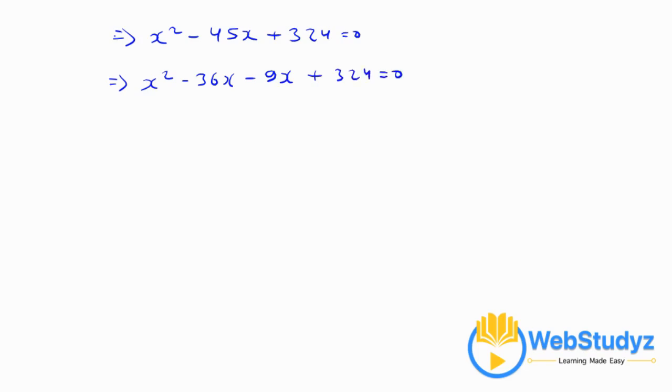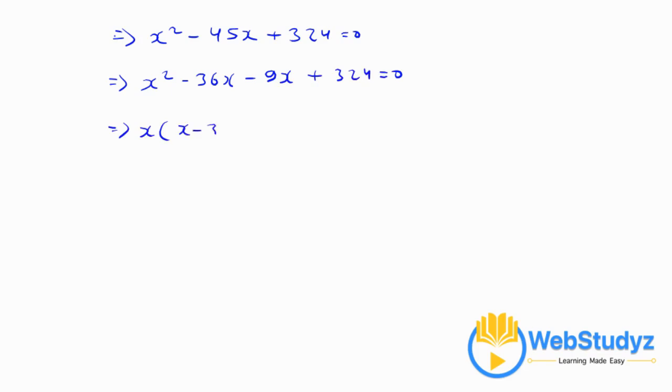So we can solve this. This will be x square minus 45x plus 324 equals 0. As this is a quadratic equation, we can split the middle term as x square minus 36x minus 9x plus 324 equals 0. Now we can take x common.